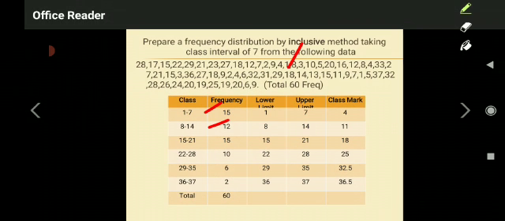So both are taken here in the inclusive method. In the exclusive method, the upper class limit of the first class interval is not included in the class frequency. If it is inclusive method, the upper class limit of the first class interval is included. You have to understand that very systematically.